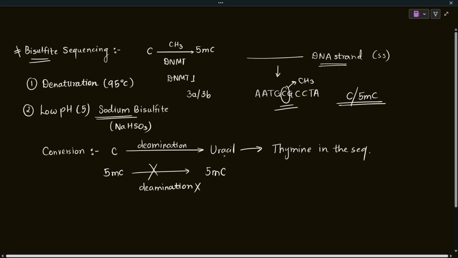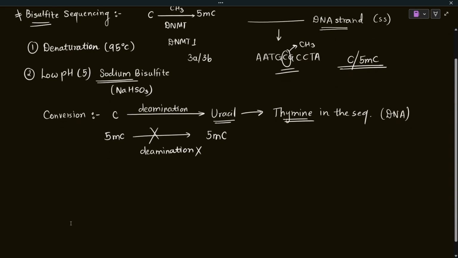Why? Because uracil is a component of RNA, so it is read as thymine on that DNA strand during the sequencing reaction, be it Sanger sequencing or Maxam-Gilbert sequencing, whatever sequencing reaction you are using.